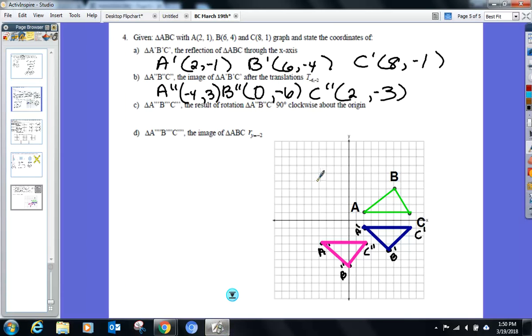So where are we turning our paper right now? If you are a turn person, to the right. And jotting down those new coordinates. Yes, to the right.